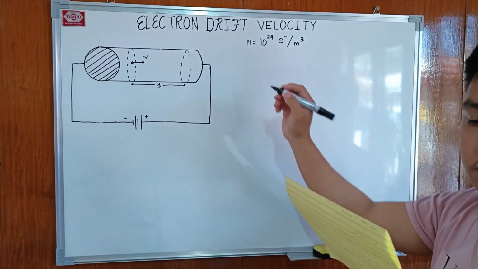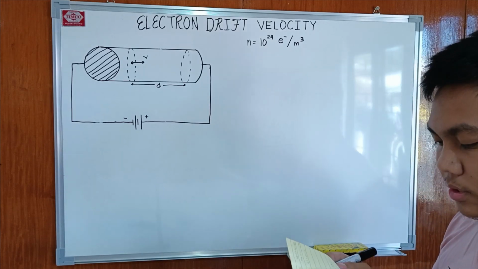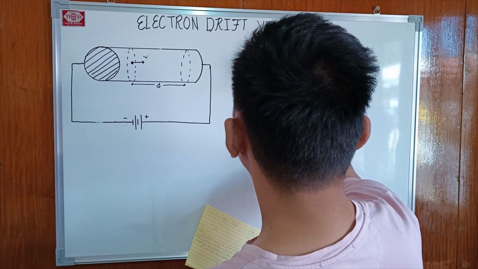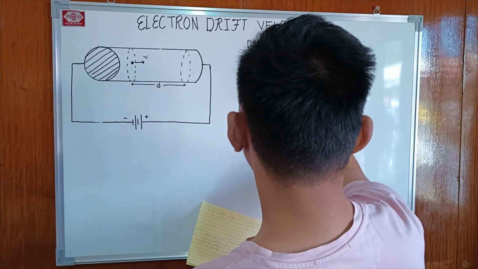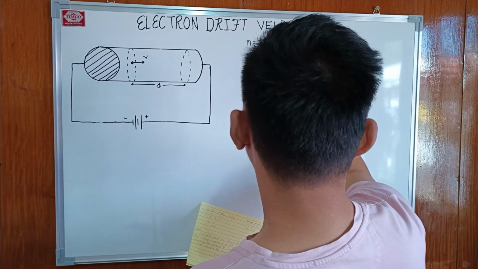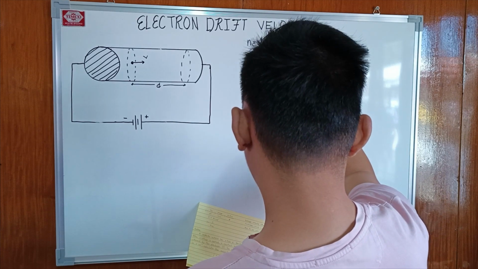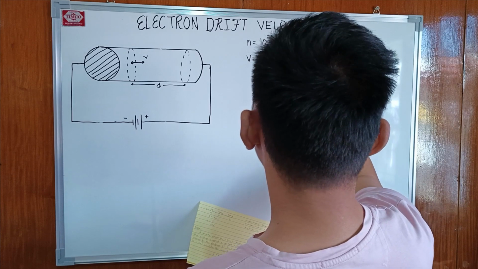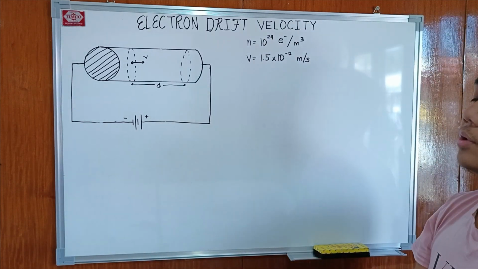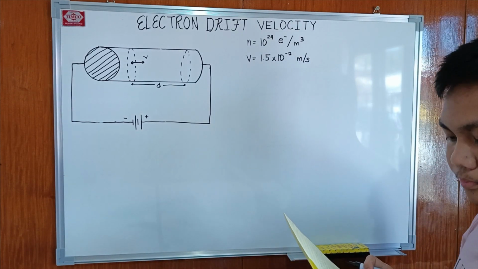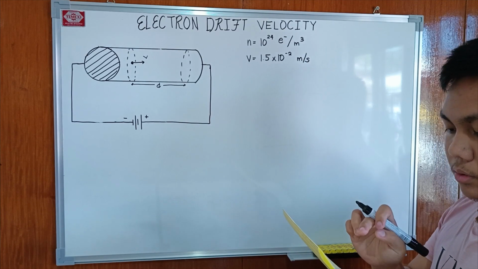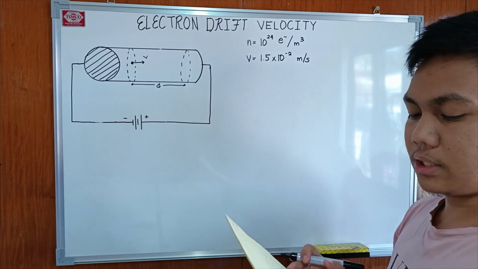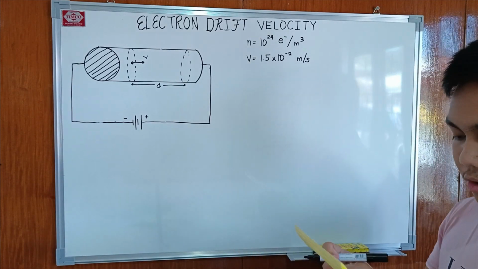And then, when a voltage is applied, a constant drift velocity, which is what I was saying, of 1.5 times 10 raised to negative 2 meter per second. Notice that the drift velocity is very low. A constant drift velocity of 1.5 times 10 raised to negative 2 meter per second is attained by the electrons.